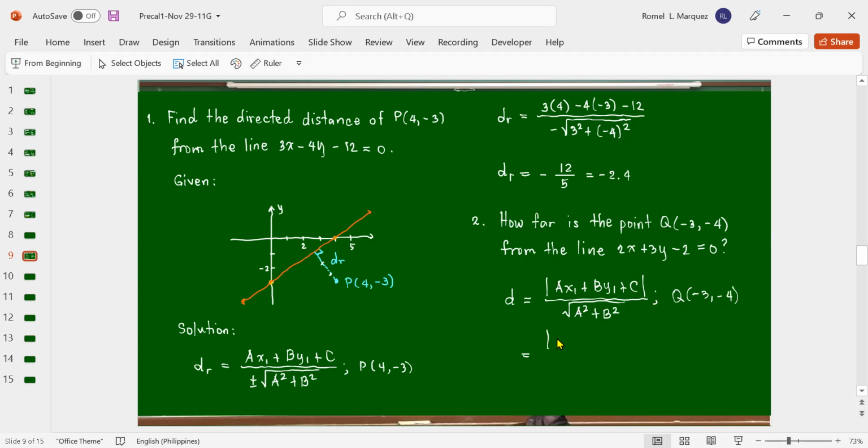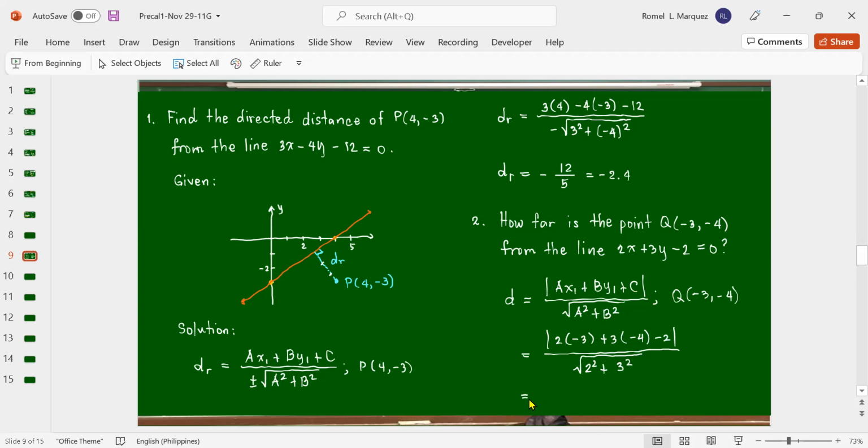So absolute value of 2 times negative 3 plus 3 times negative 4, minus 2, absolute value of that, all over, no more negative or positive, just the positive square root of 2 squared plus 3 squared.